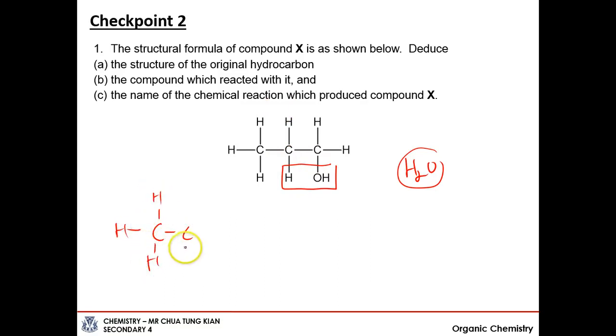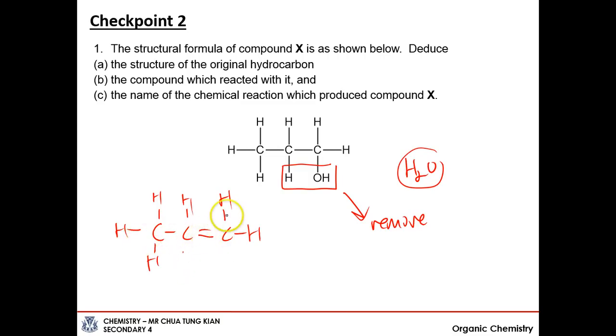So this is working backwards. I'm showing you how to work backwards. If I pluck this out, remove it in the form of steam, it means I have my double bond back here, because this came from here, right? So if I remove this one, my double bond must come back, and I will have this compound here.